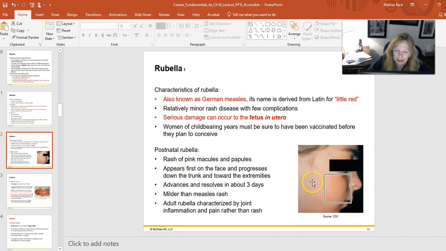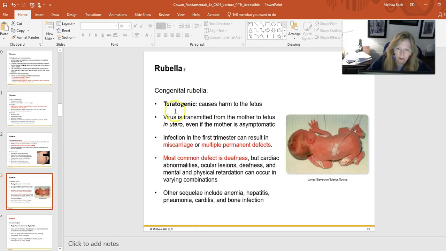Again, there's a very typical rash that we associate with this, and it can be associated with joint inflammation and pain after the rash. But the biggest real concern is in women of childbearing years because of its teratogenic effects to the fetus.